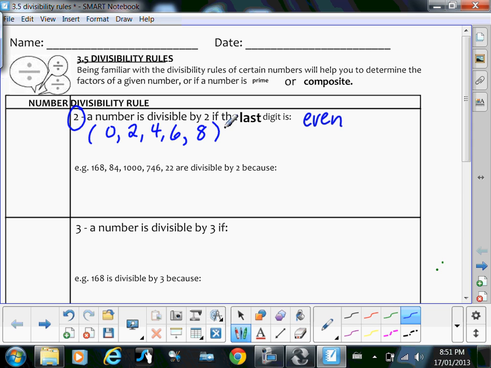Okay, so I've given you an example here in the same box. 168, 84, 1,000, 746, and 22 are numbers that are divisible by 2 because the last digit in these numbers is even.